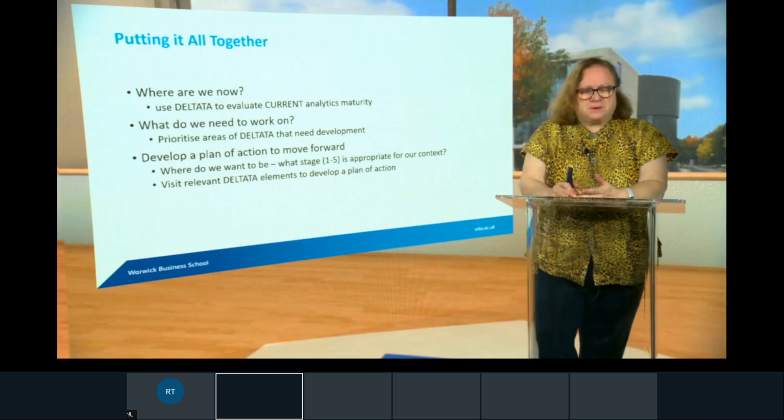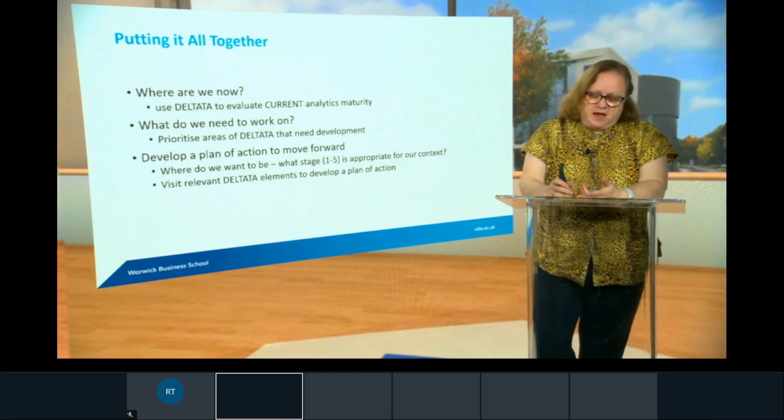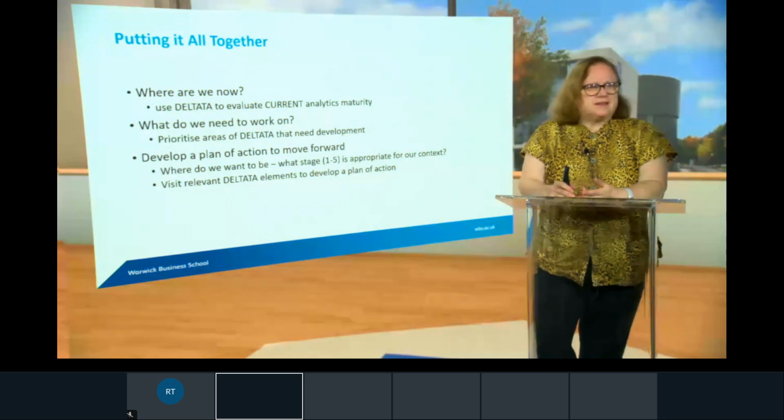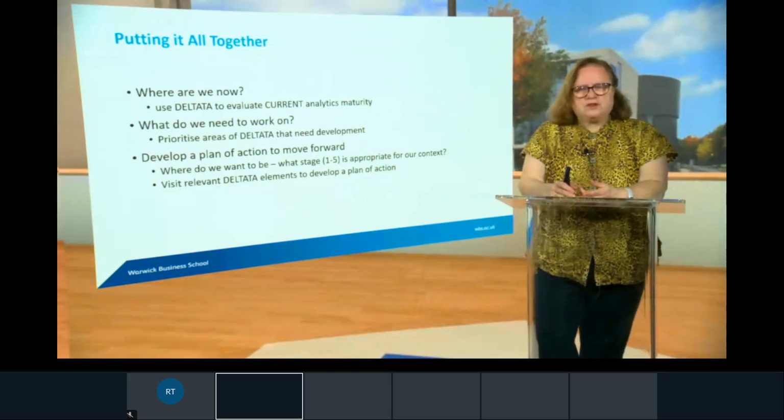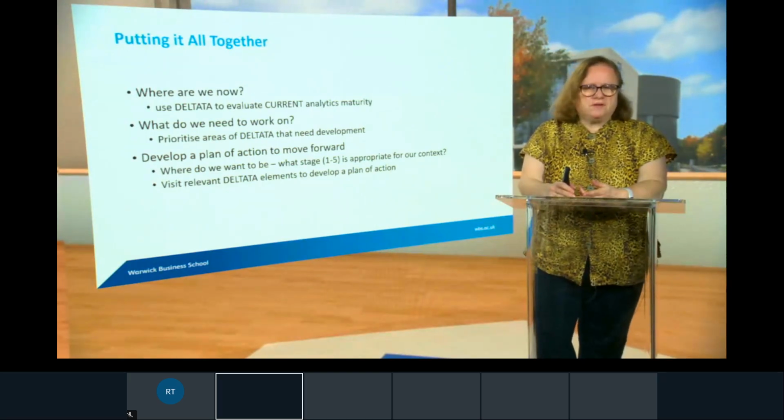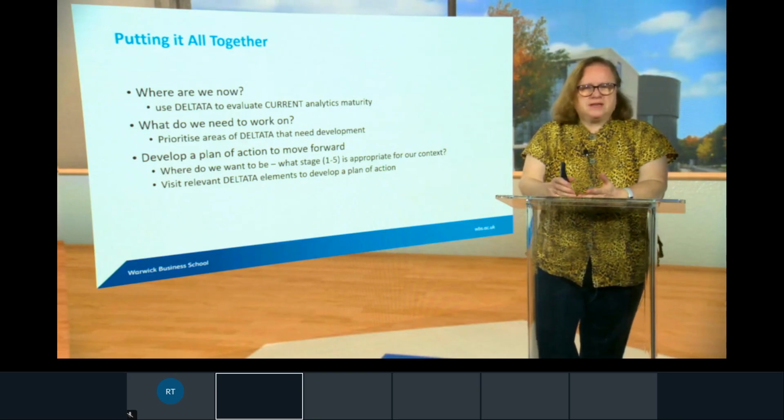Now, in your assessment, what we ask you to do is pick a new project that will help improve the analytics capability of the organization. So what should that project touch on? Should it focus on data? Should it focus on enterprise leadership?